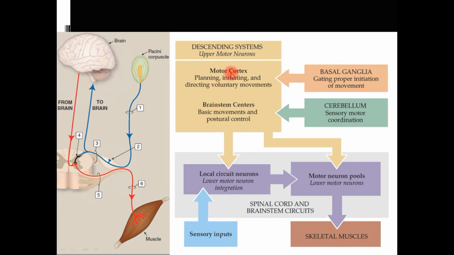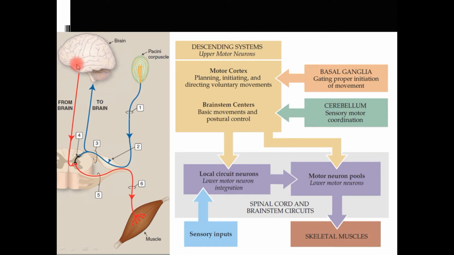As we have already discussed, the main functional unit of central nervous system is neurons, which is made up of cell body, dendrites, axons and terminal end buttons. The cell body of the neurons lies on these portions, let it be the motor cortex or let it be the brainstem areas.